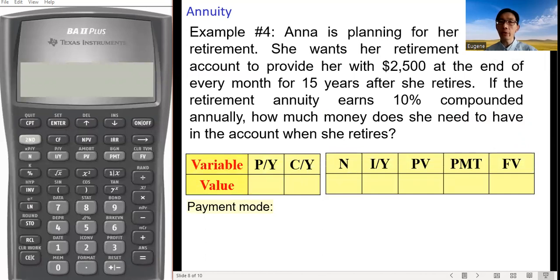Let's fill out the variables. PY. The payments are made at the end of every month. PY is 12. CY, the interest rate is compounded annually, so CY is 1.